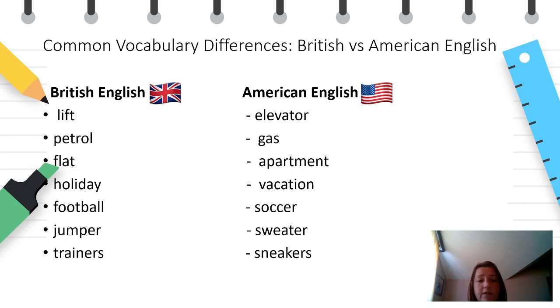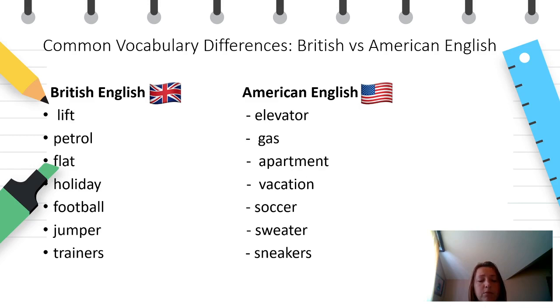Football is a British English word for a game where you kick the ball around, and soccer is the word for football in American English. I like watching football matches, and I like soccer in American English.